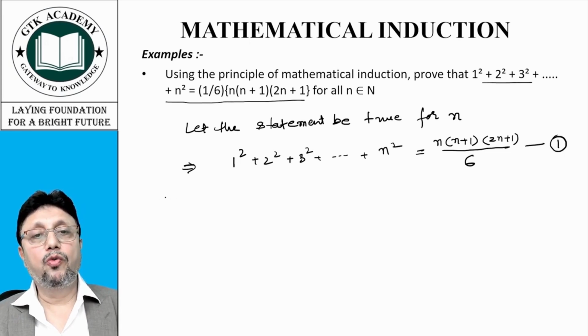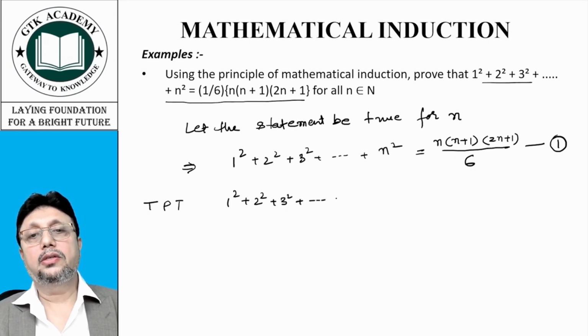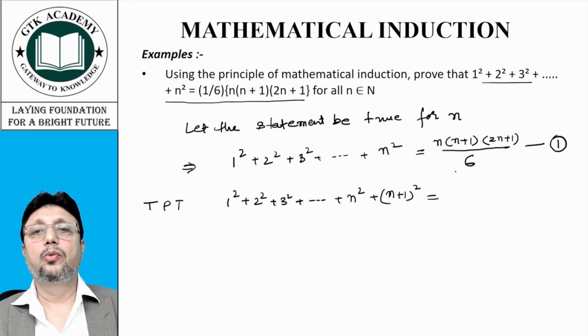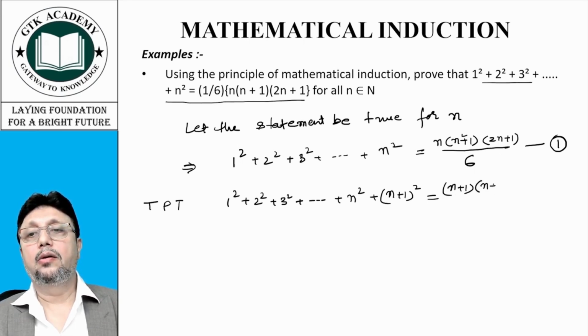Now what do we prove now? Now want to prove that 1 square plus 2 square plus 3 square plus and so on plus n square plus n plus 1 square is equal to, put n plus 1 in place of n, and the second term will become n plus 2, and here it will become 2n plus 1 plus 1 whole divided by 6.